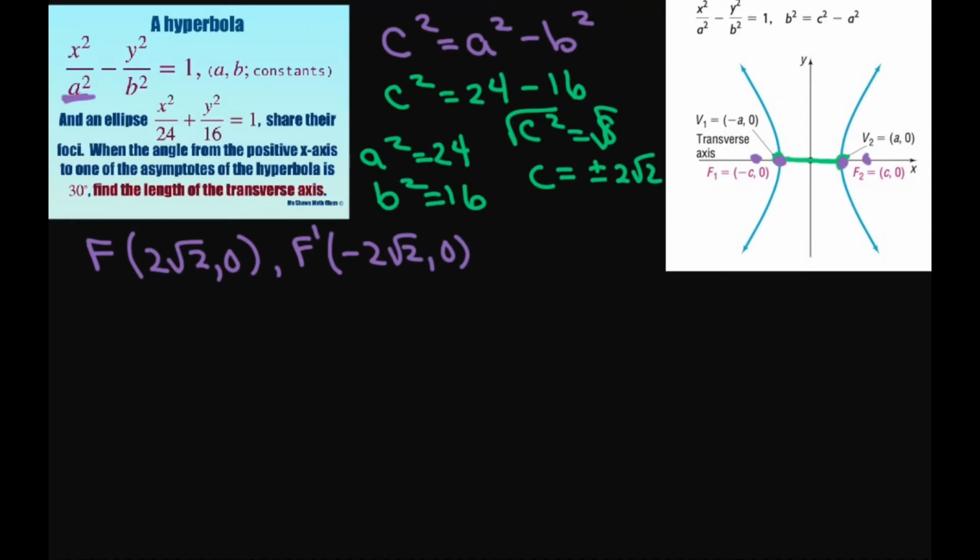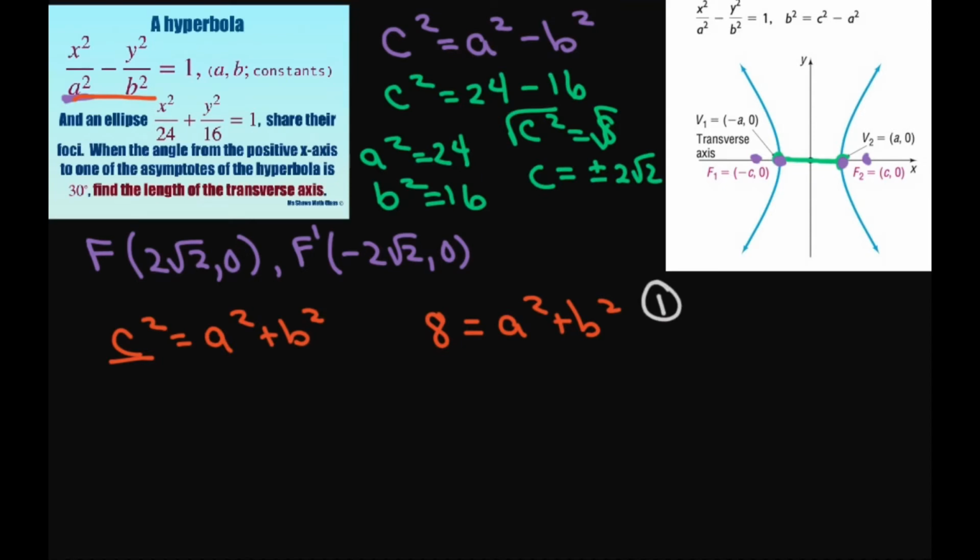Now, for our hyperbola, we use c squared equals a squared plus b squared. Our c squared is 8, so 8 equals a squared plus b squared. We'll call this equation 1.